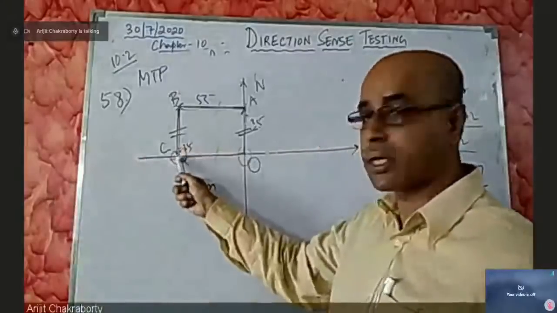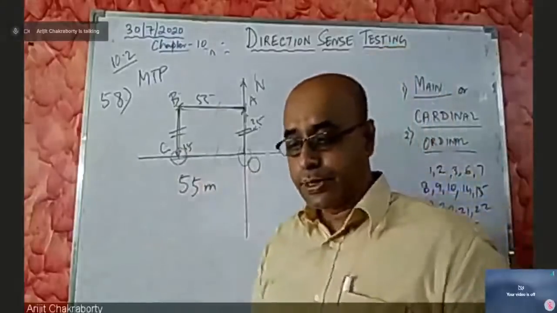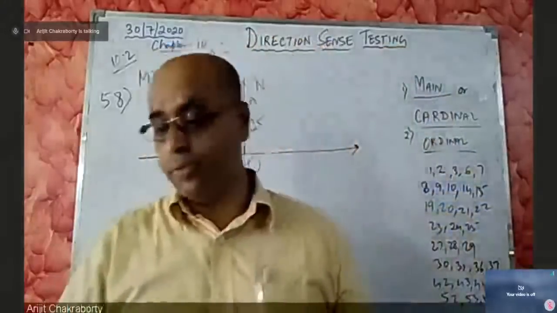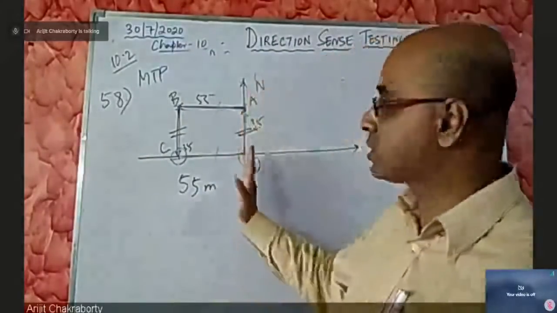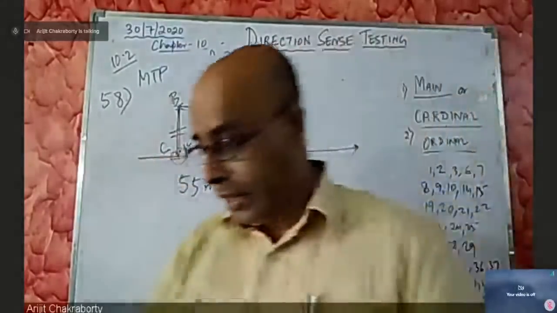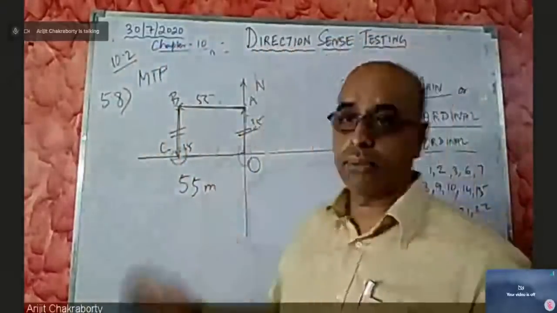So he has stopped at C, and C is towards the west of O. If you look at the options, for 58, option C is correct. 55 meters west.